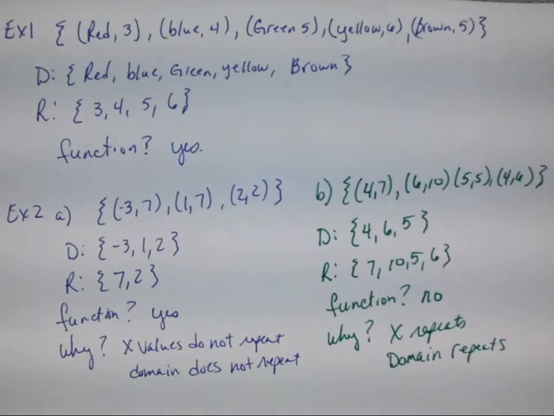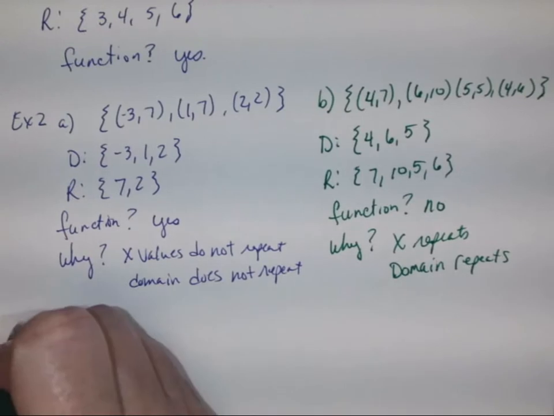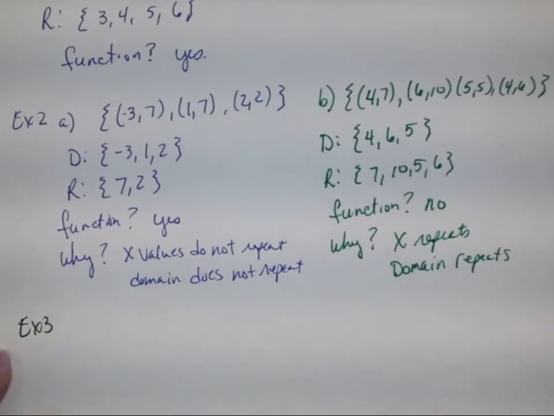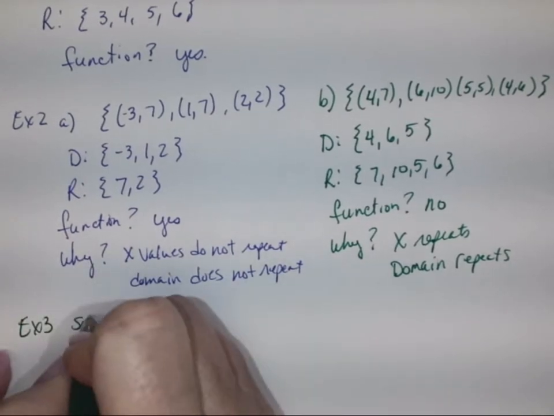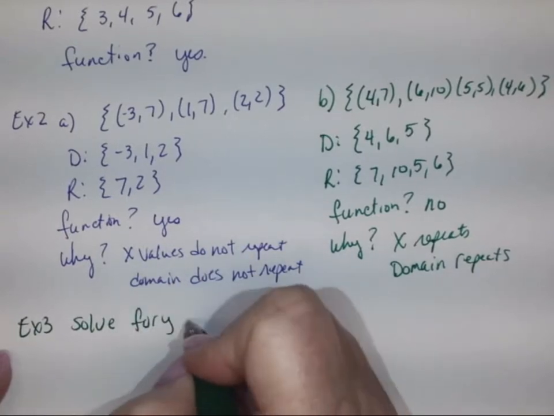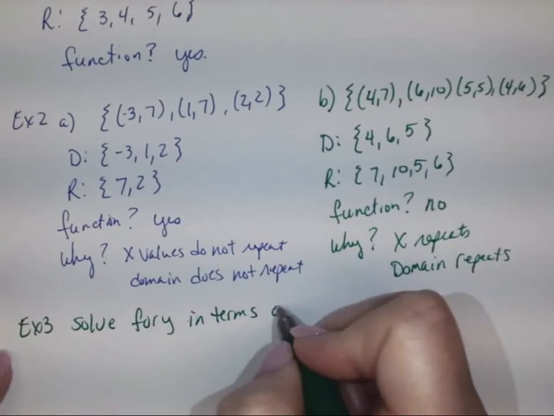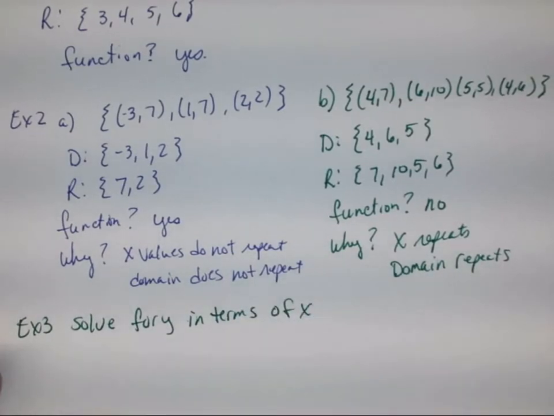All right, so let's go look at some functions. So this will be example 3. And we are going to solve for y in terms of x, because that will tell us if it is a function of x or not.